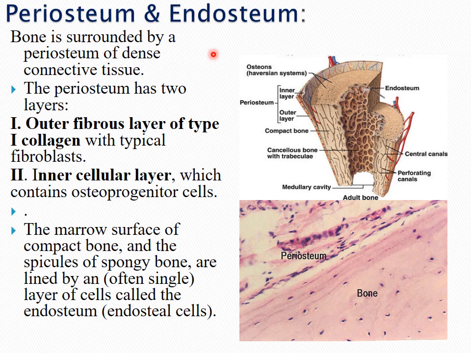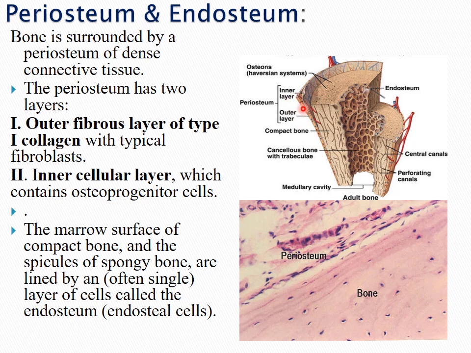Now the outer covering of the bone, or the compact bone, is surrounded by the periosteum. The periosteum is a layer of the dense connective tissue which is surrounding the whole circumference of the bone. Now this periosteal layer has two layers, the outer layer and the inner layer.